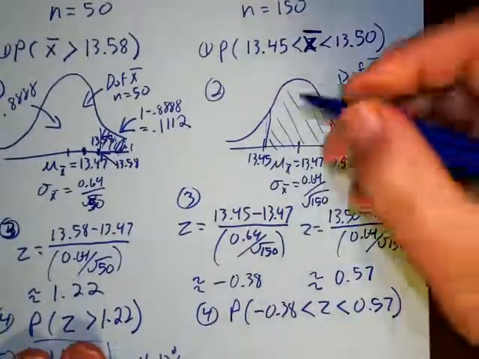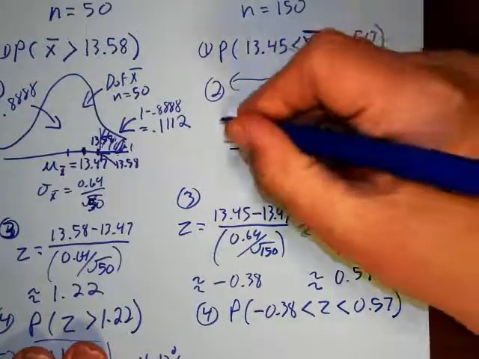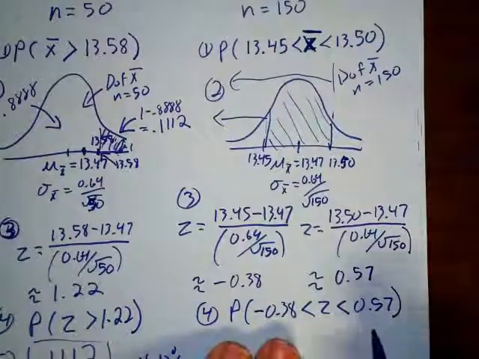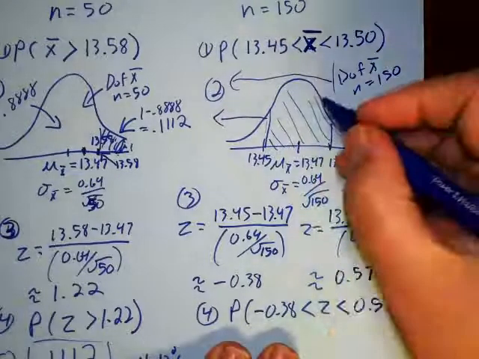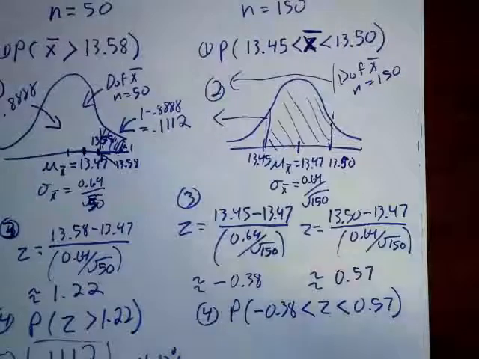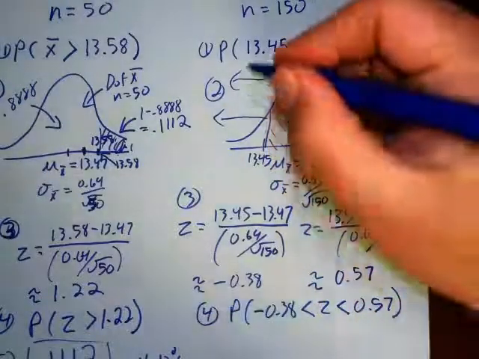And now what I got to do is I got to look up both probabilities. Remember, this is a between probability. That's the third case, where you look up both z-scores, and then you subtract the two areas. So first, 0.57 on the positive side gives me 7157.